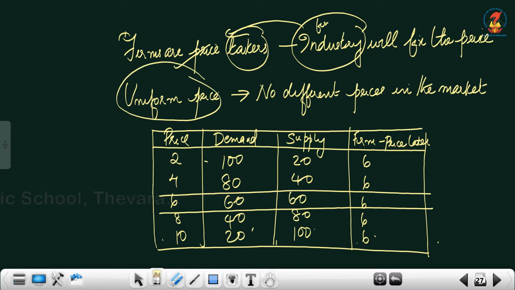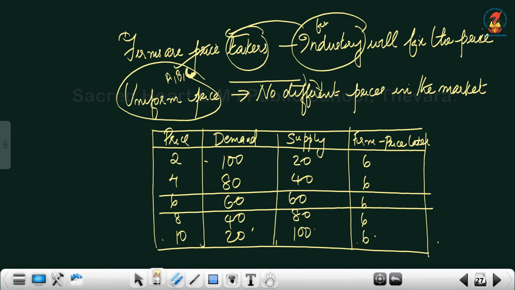All the sellers are supposed to sell that product only at the same price, whether it is seller A or seller B or seller C, because it is fixed by the industry. When the sellers buy the product from the industry, they have to sell it at the price fixed by the industry, which is given on the product cover. So there are no different prices in the market, and there is no need of any selling cost also.